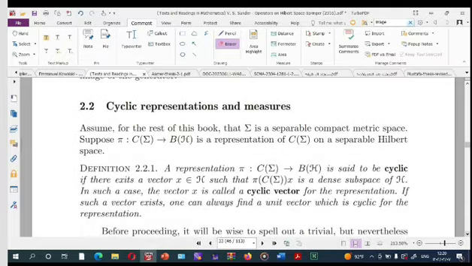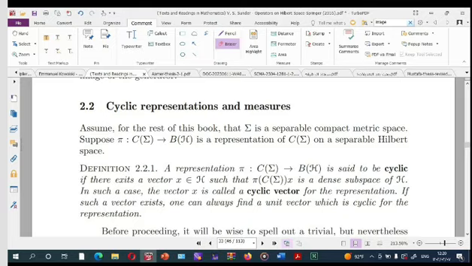And the definition of cyclic representation and measures. Assume for the rest of this book that sigma is a separable compact metric space. Suppose P from C of sigma to B of H is a representation.